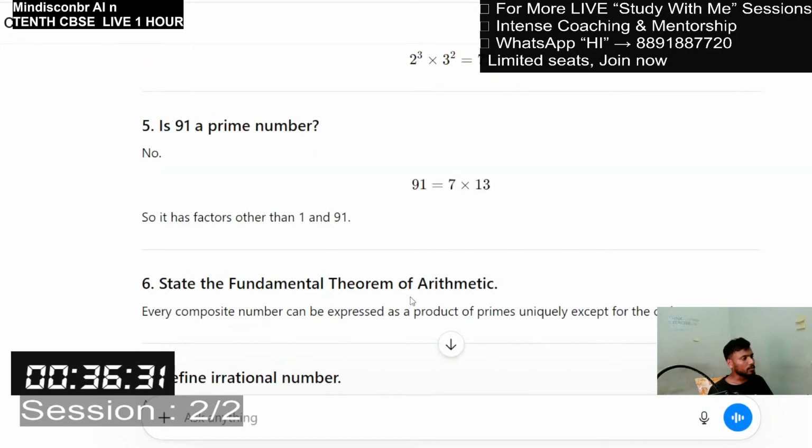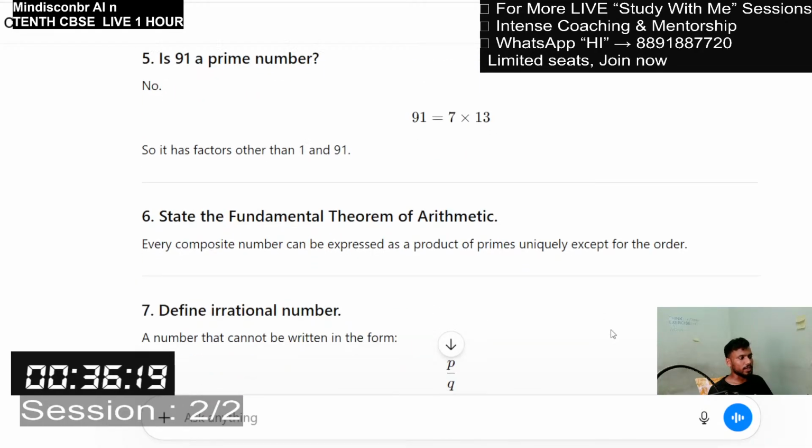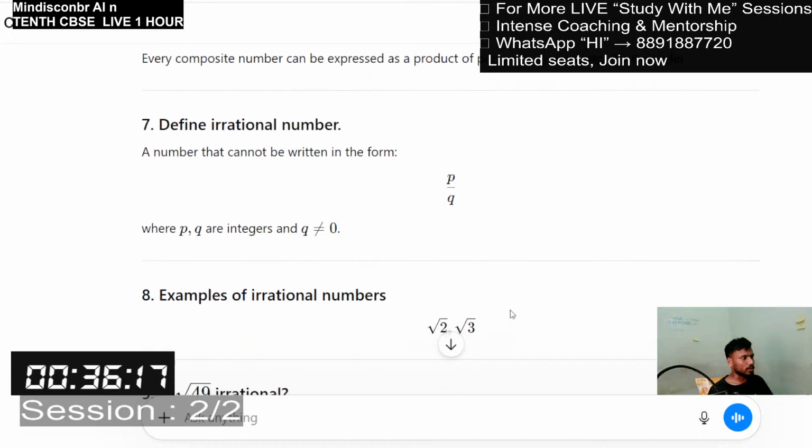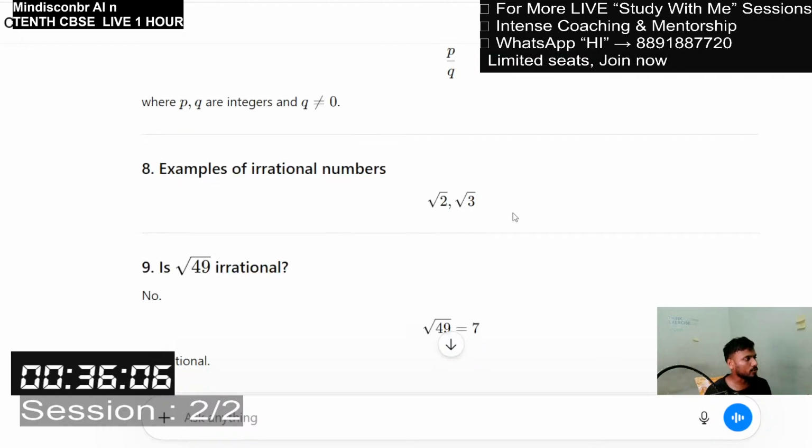State the fundamental theorem of arithmetic. Every composite number can be expressed as a product of primes, uniquely except for the order. Define irrational number. A number that cannot be written in the form p by q, where p and q are integers and q is not equal to 0.